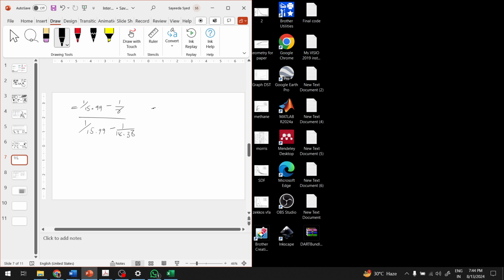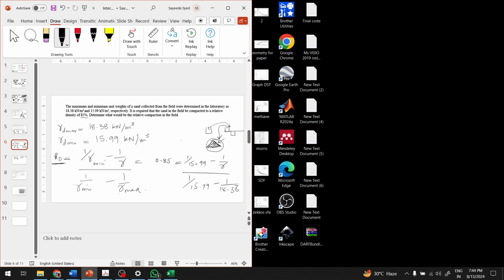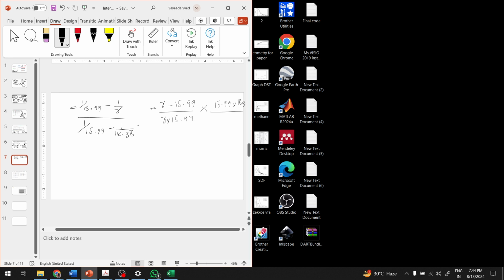So this will be gamma minus 15.99 over gamma into 15.99, equals 15.99 into 18.38 over 18.38 minus 15.99.